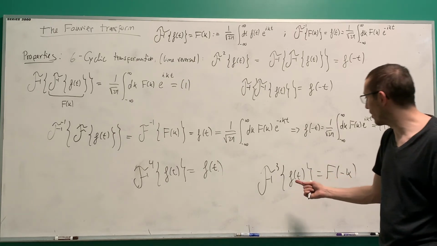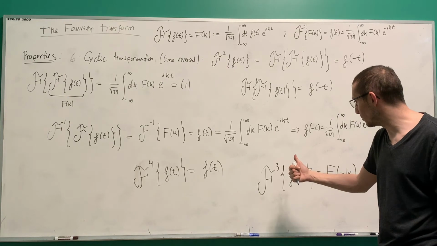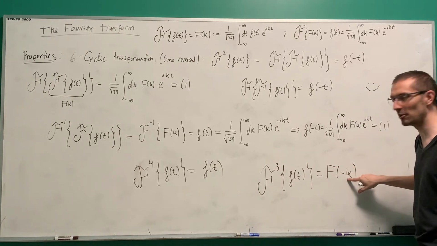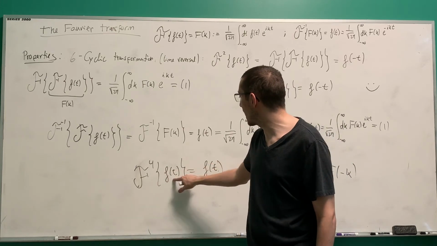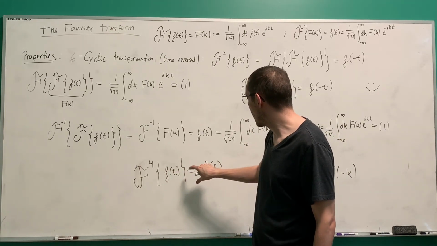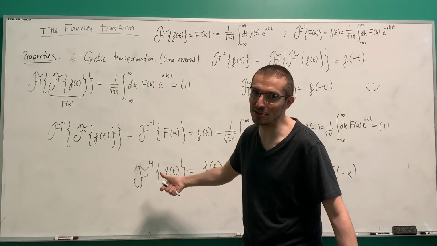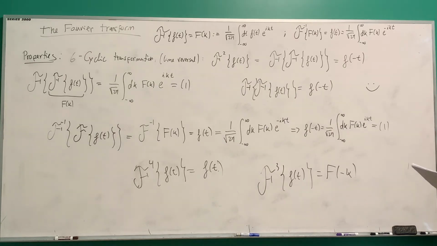Again, here the jumps are, first, from time domain to frequency domain, then back to time domain, then back to frequency domain, but with an inversion. And now, from time domain to frequency domain, then back to time domain with an inversion, then back to frequency domain with an inversion, which means I go back to the original function.